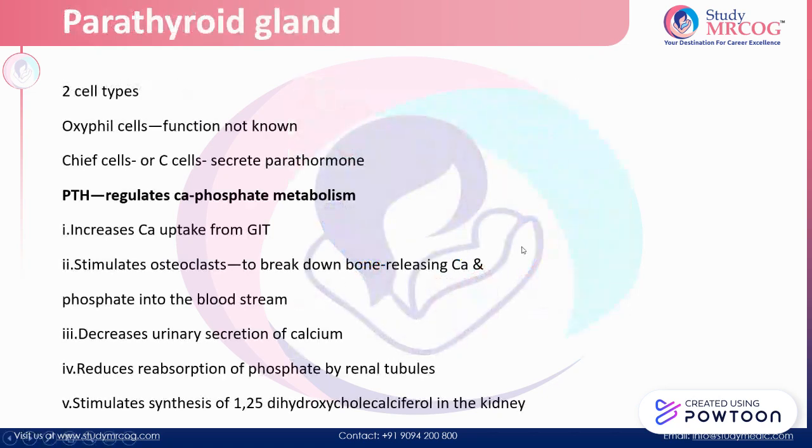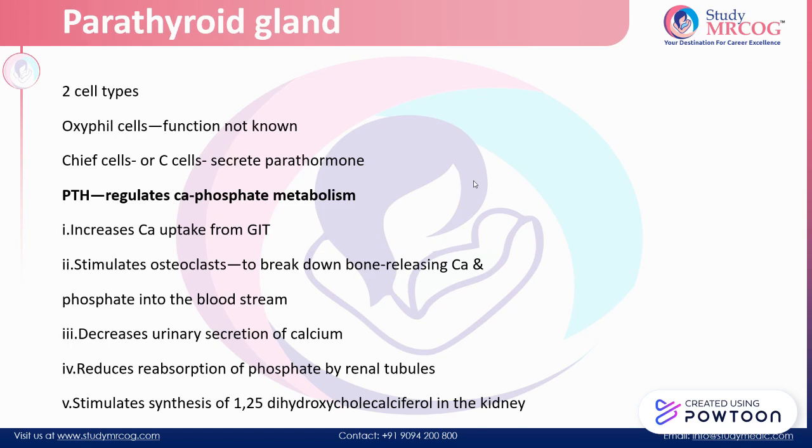Now coming to the parathyroid gland. So there are two cells, oxyphil cells, function is not known. Chief cells or C cells, they secrete parathormone. The function of parathormone, remember, is exactly opposite to that of calcitonin. So if calcitonin decreases the level of calcium, parathormone increases the level of calcium in the blood. So how does it do that? It will take up more calcium from the GIT.